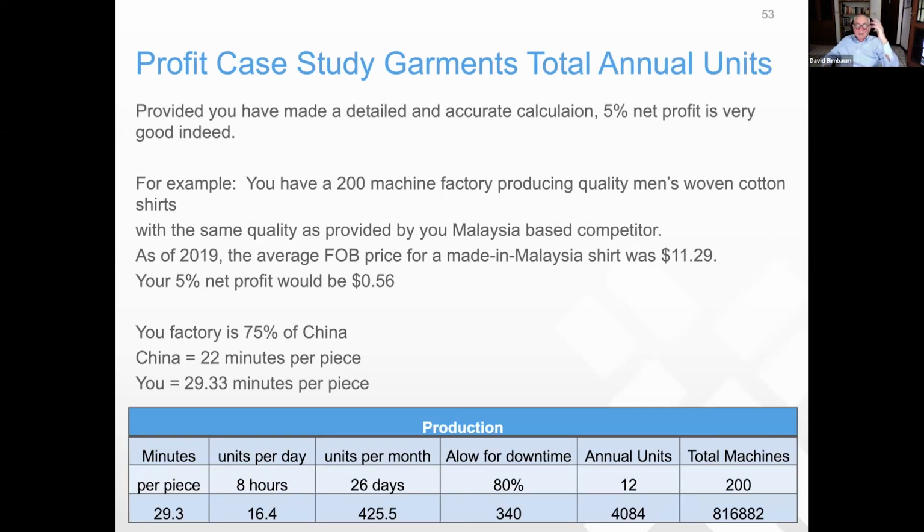What does a 200 machine factory producing quality men's cotton shirts get you over the course of a year? 200 machines, 29.3 minutes per piece, operating at 80% capacity gives you 816,000 shirts a year.